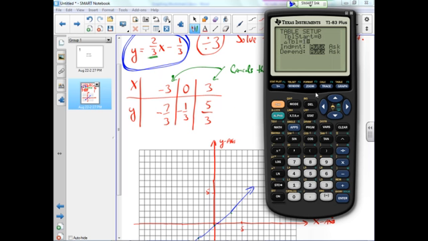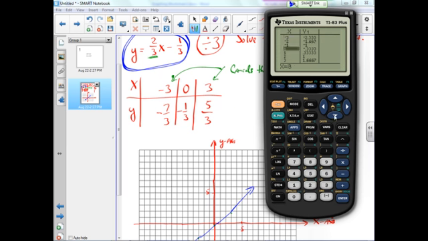And now I hit second table. So now we start at 0, and we're going up by 1. We want to go backwards, so we hit the up and down arrows. And let's see, we had x = -3. We decided that was -7/3, which would be -2 1/3. So yep, -2 1/3.